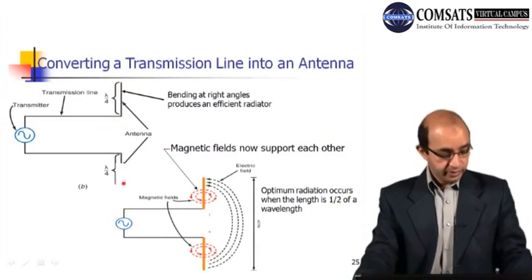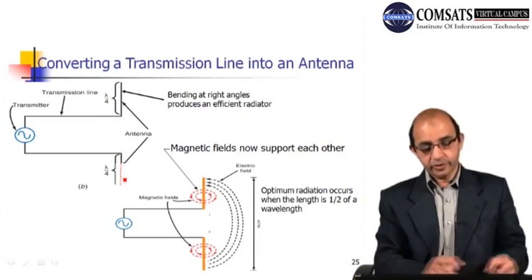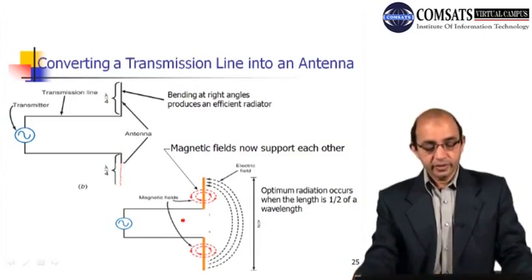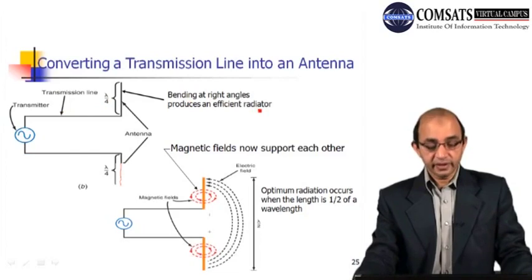There's some error here, so it should be like this. This is the length of the two bends. The length of this bend is lambda by 4, where lambda is the wavelength this transmitter or oscillator is creating. Bending at right angles can produce an efficient radiator.